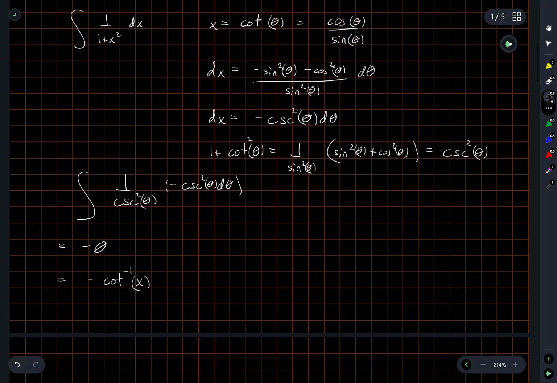Okay, so my claim is that, well, I'm going to ignore the constant of integration for the moment. Obviously, we can just add that all at the end. But I'm going to check my answer. I'm just going to take a derivative of this, which I've essentially already done, and make sure we get 1 over 1 plus x squared.